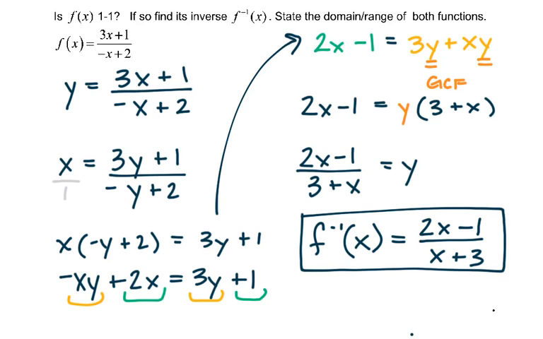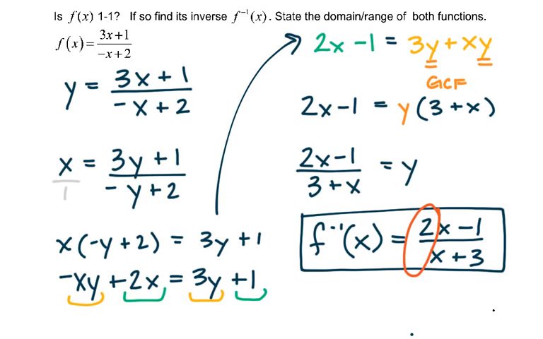And if you look at the domain and range we originally found, I erased it from our screen, but the domain of the inverse, we said that x couldn't equal negative 3. And you'll notice if I try to plug negative 3 in here for x, I'll get 0 in the denominator. Also, we said that y would not be allowed to equal positive 2.